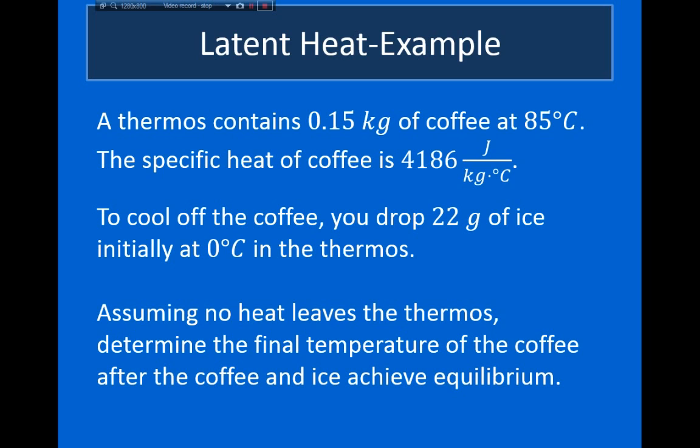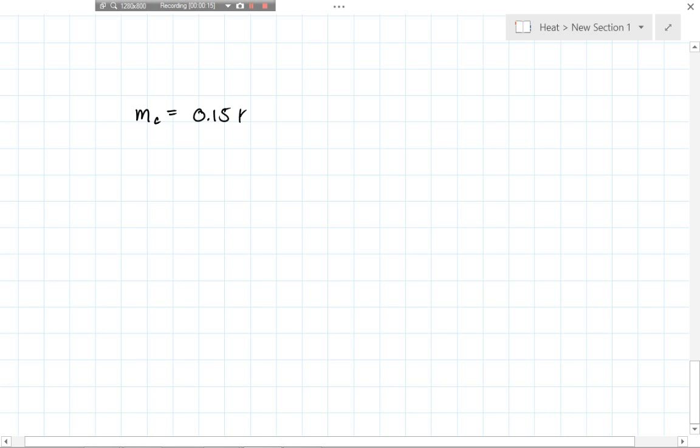So in this example, we're given that the mass of the coffee is equal to 0.15 kilograms, and the mass of the ice, this was 22 grams, so that's 0.022 kilograms. We're told the specific heat of the coffee and the water are the same, and they're 4,186 joules per kilogram degrees Celsius.